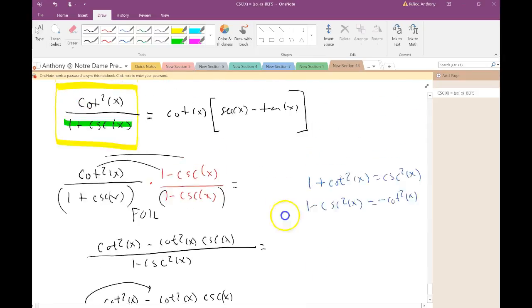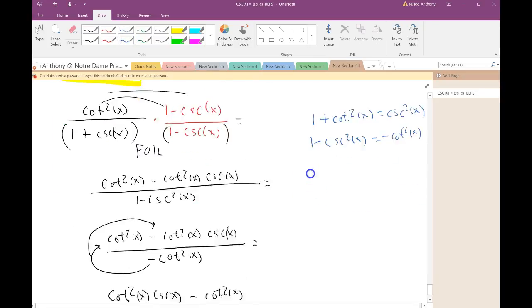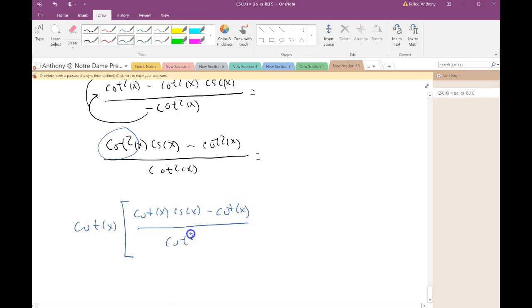And what am I trying to head to? Well, I need a cotangent on the outside. So maybe I take one of these cotangents and pull that out. Everybody okay there?